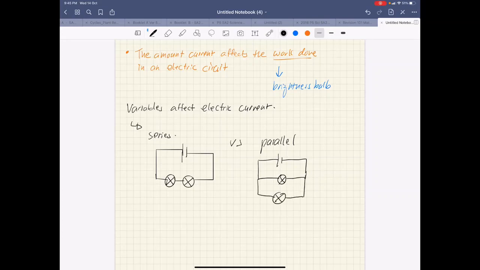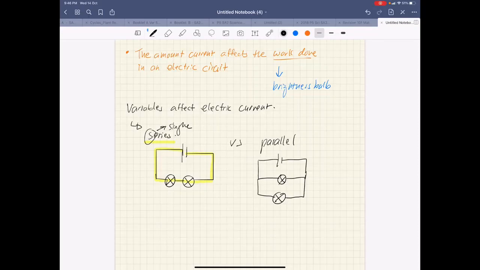What I like to tell students is, think of wires as roads or pathways for your electric currents to flow or travel. If there's only one way, as in the first case, this is series. So I like to think of series: S stands for single pathway.